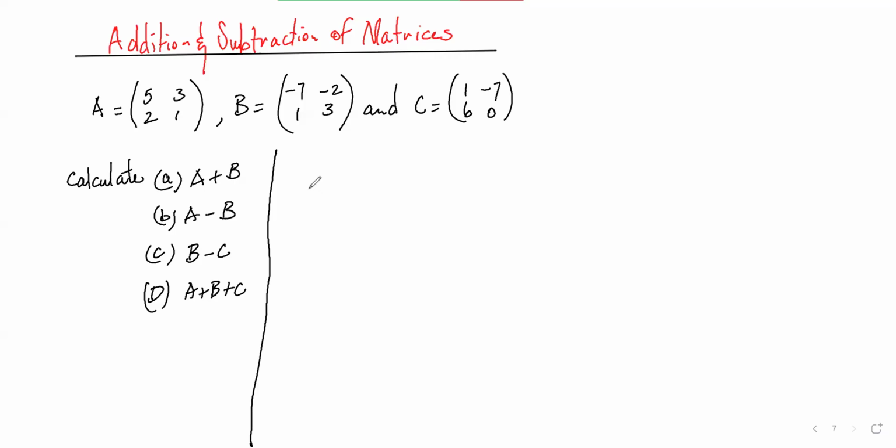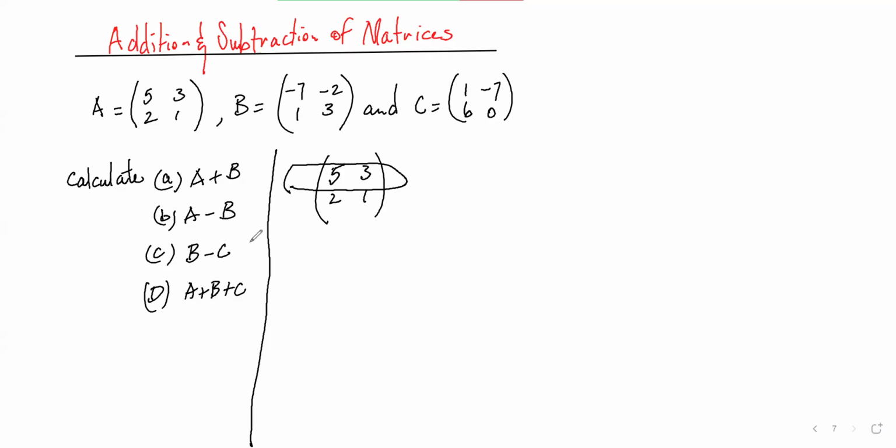So let's look at A plus B. Once you have a hang of this, it gets easy. So in A, the 5 is the first element in the first column, the 2 is the second element.